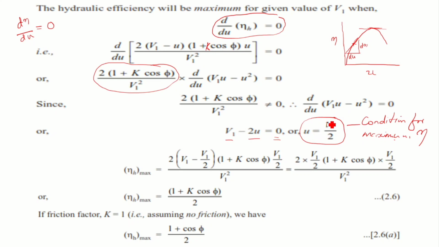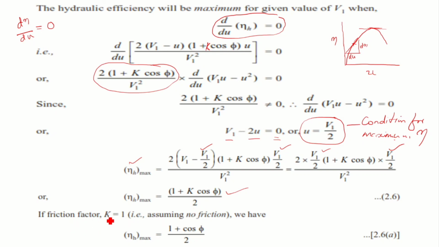Substituting the value of u in the hydraulic efficiency equation, instead of u we substitute V1 by 2, here also and here also. Like that we substitute and cancel out the necessary terms, and finally we obtain the equation as 1 plus k cos phi by 2.